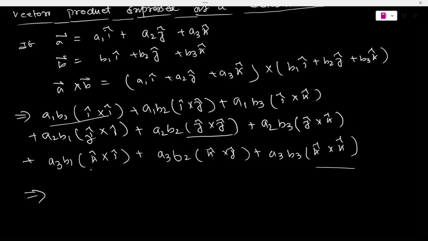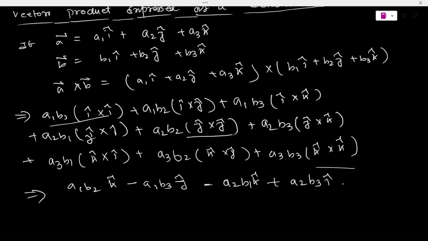So I cross j is equal to k cap, so a1 b2 k cap minus a1 b3, I cross k is equal to j cap, so minus j cap, and minus a2 b1, j cross I is equal to k cap, so minus k cap.